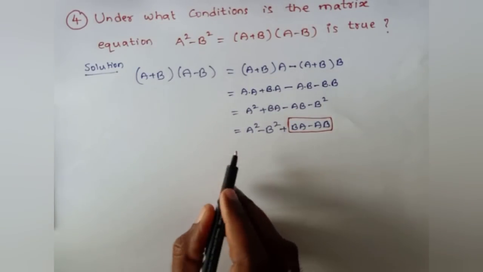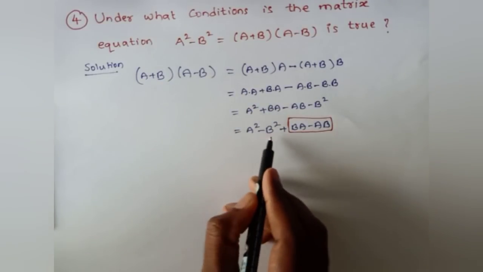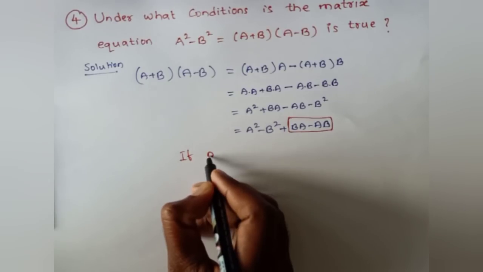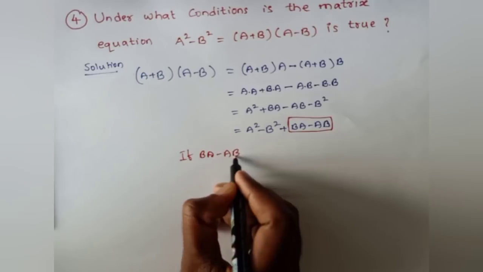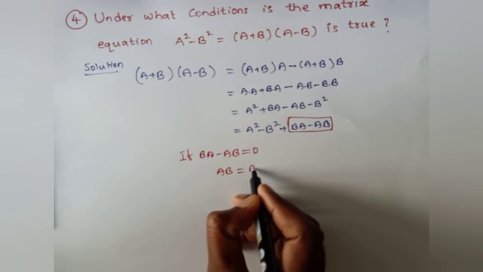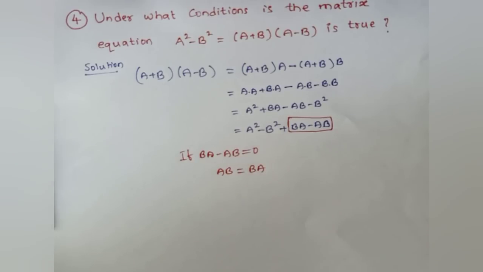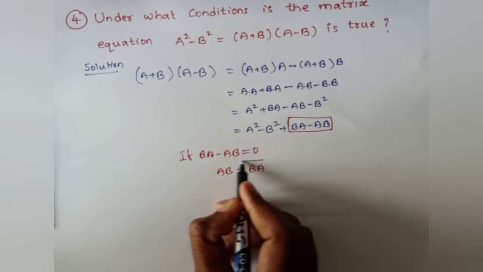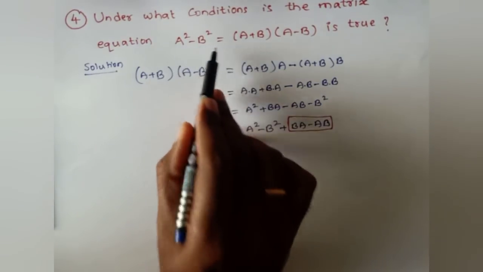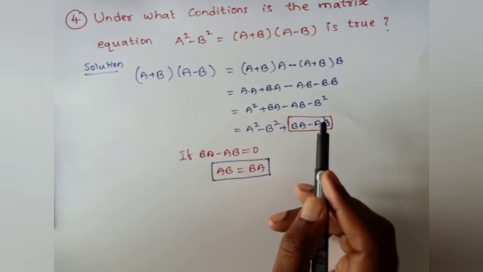So this expression is A square minus B square if BA minus AB is equal to 0, or AB equals BA.